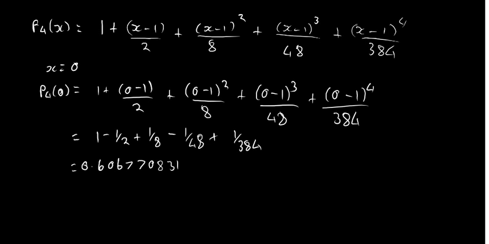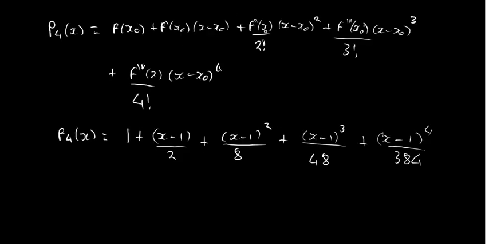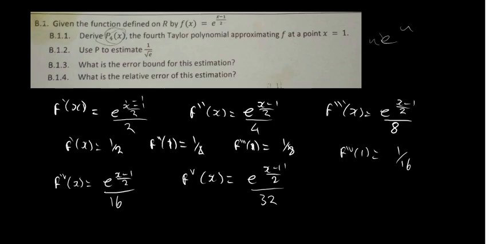Okay, very good. Now for the last parts, I'm going to leave this to you as an exercise. I want you to find the error bound. So what is the error bound for this estimation, and what is the relative error for this estimation?